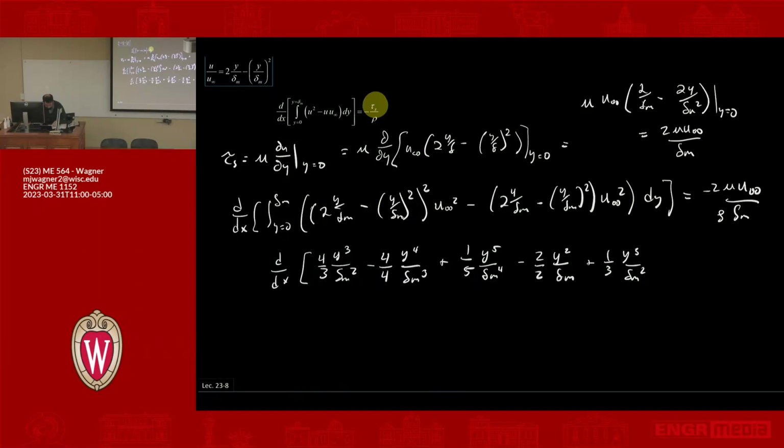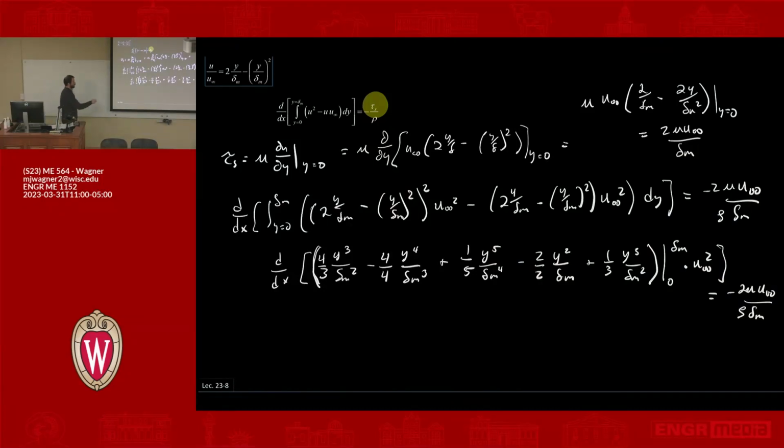Then this whole thing is evaluated from 0 to delta m. Then that's times u infinity squared, and that's all equal to the right-hand side, which was minus 2 mu u infinity over rho delta m.